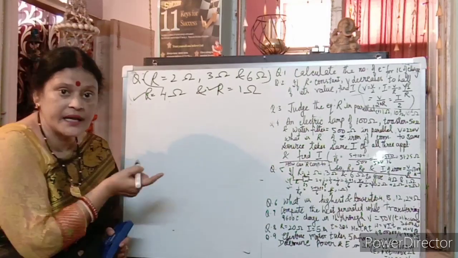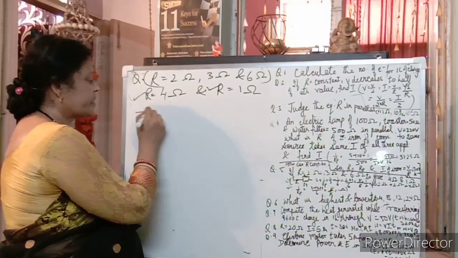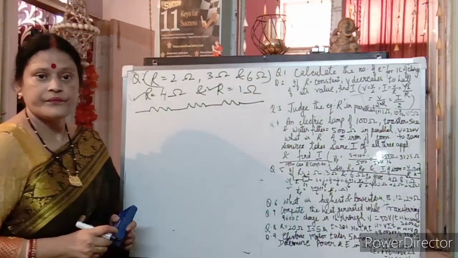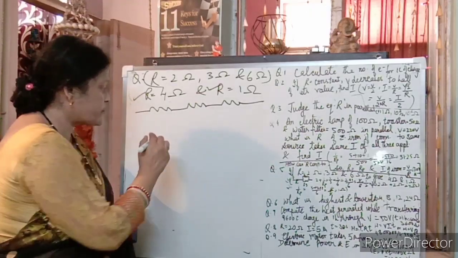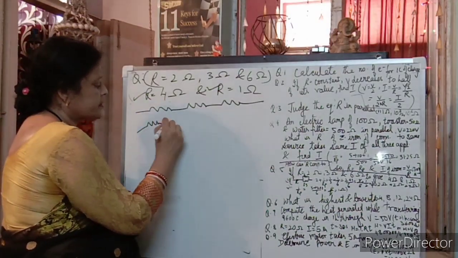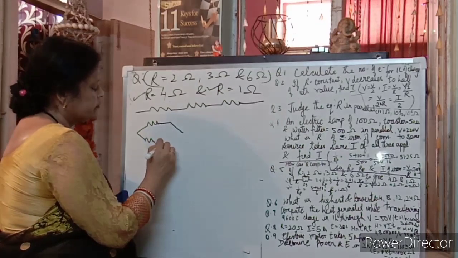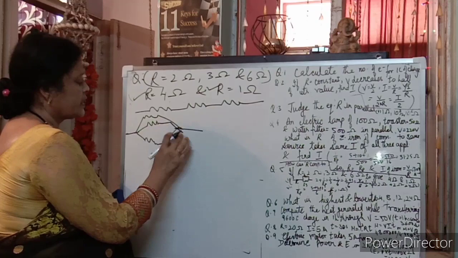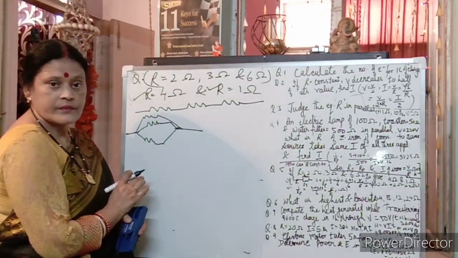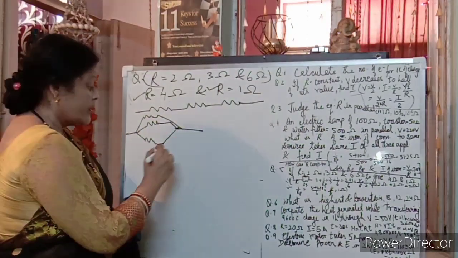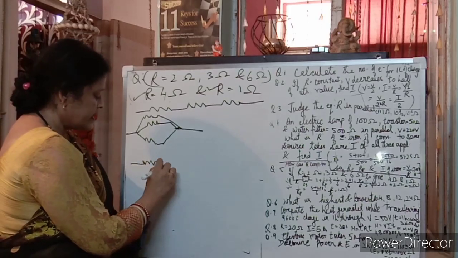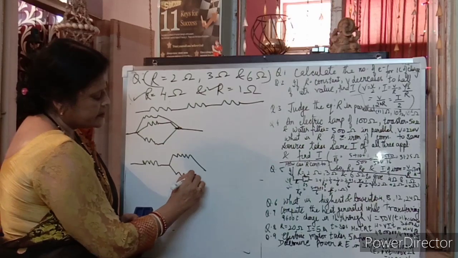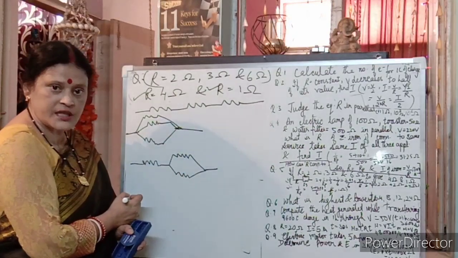Now what are the possibilities of connecting? First, we can connect in series. You find the answer? If it is not coming, the second option, connect in parallel. Clear? This is another case, RP. Next is 1 in series and 2 in parallel. This is another possibility.